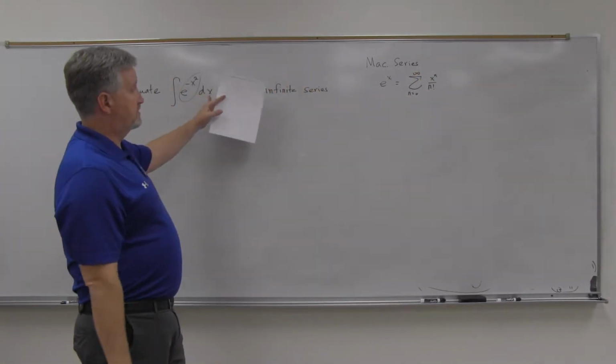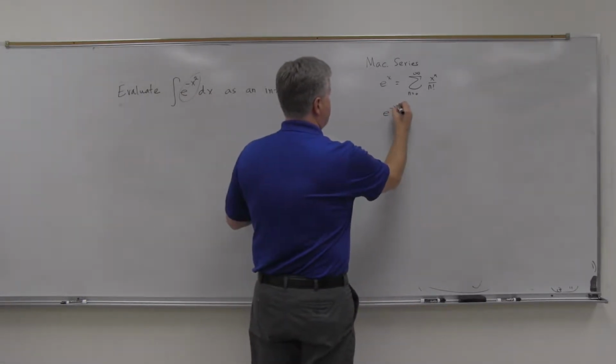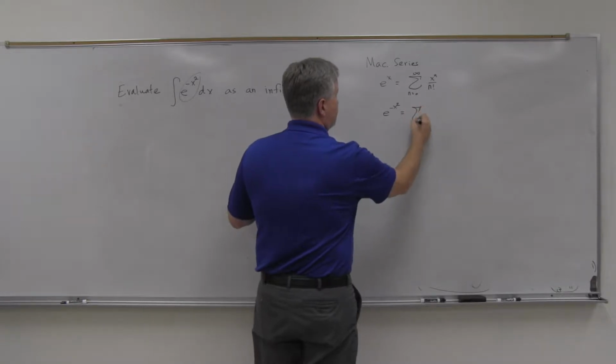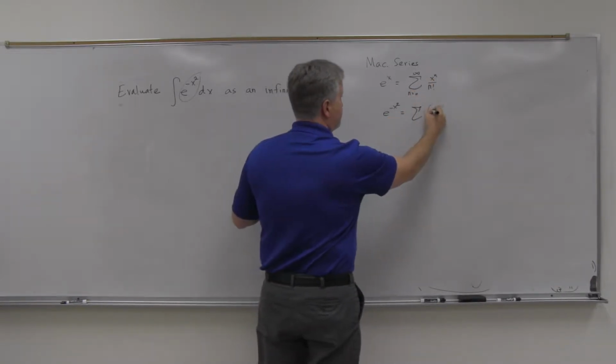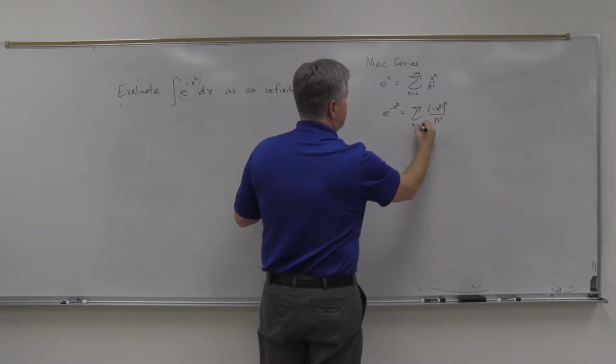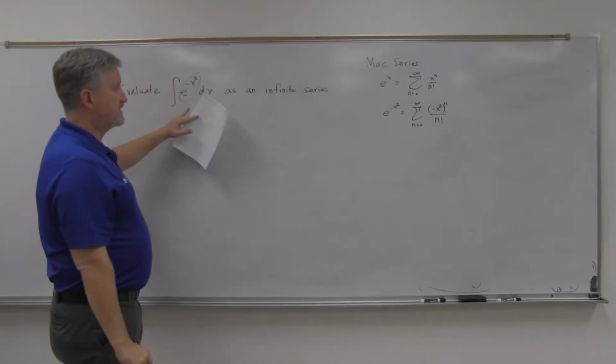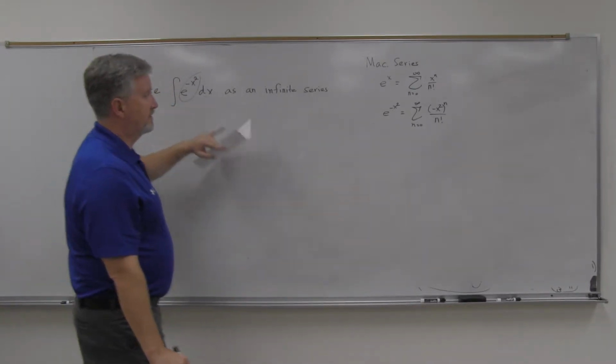This is e to the minus x squared, so basically what I can do is plug in minus x squared there. So I'd get minus x squared to the n over n factorial, n equals 0 to infinity. Now, that is just what I can substitute for here.